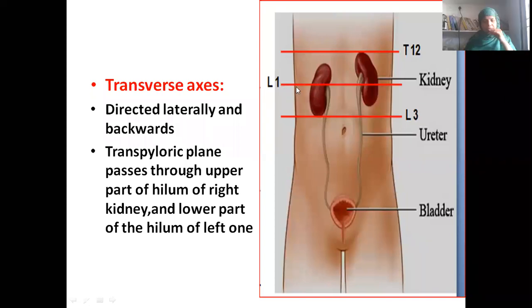So this is the horizontal or transverse axis of the kidney. When you cut at the hilum level, the transpyloric plane passes through the upper part of the hilum of the right, which corresponds to the lower part of the hilum of the left kidney. Is this clear?